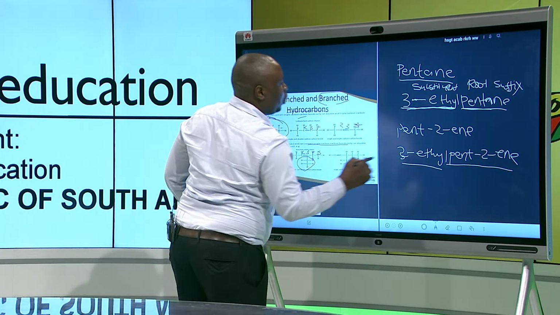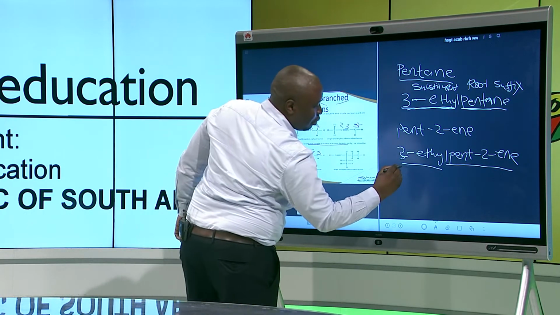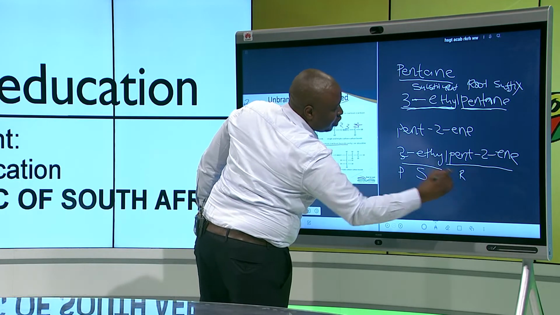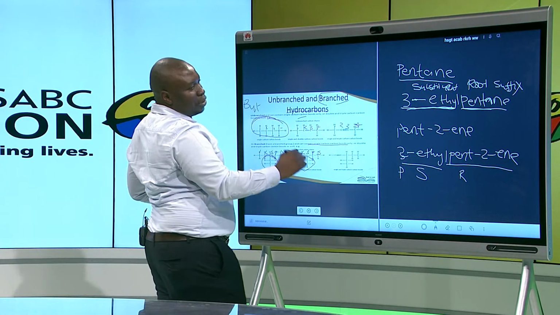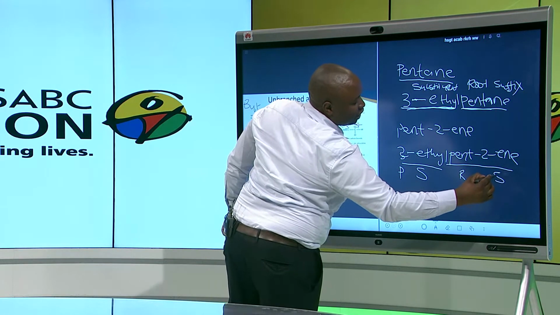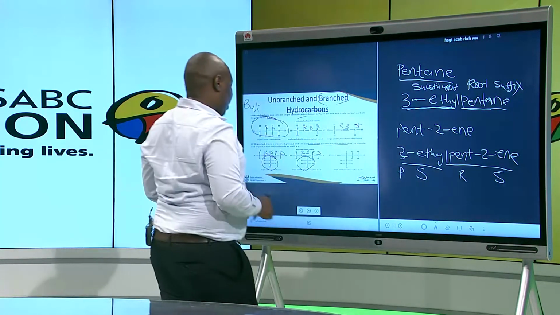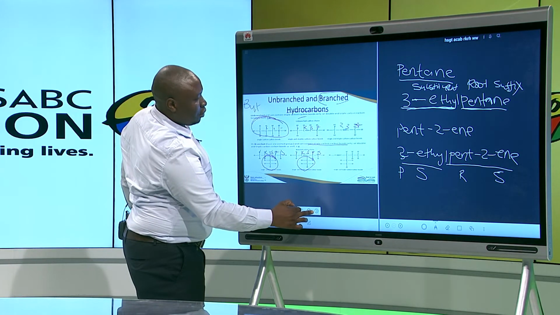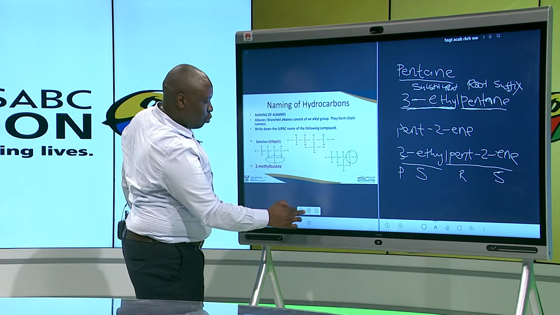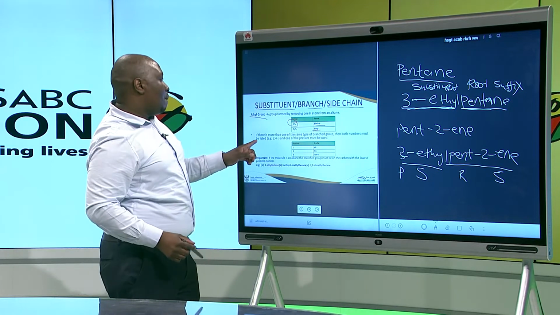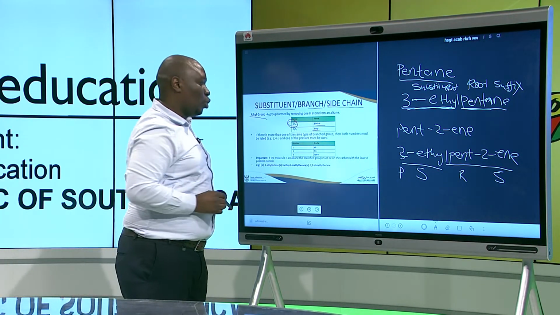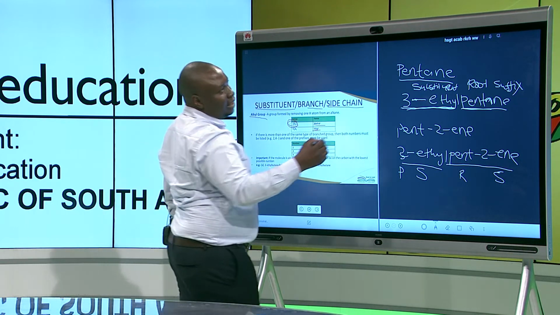So always know that is the parent chain, and that is the substituent. In the name, you are always starting with the position of the substituent. Then you write the root that we got from the longest carbon chain. Then you write the suffix that is from the functional group. Now, if we are having more than one methyl, for example, you will refer to them as di.